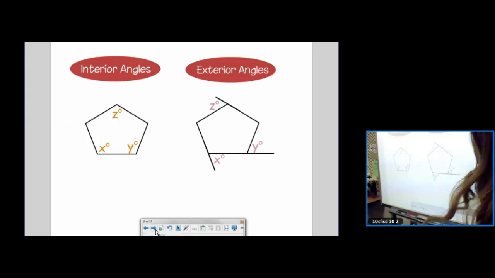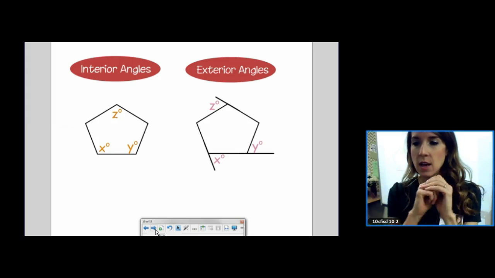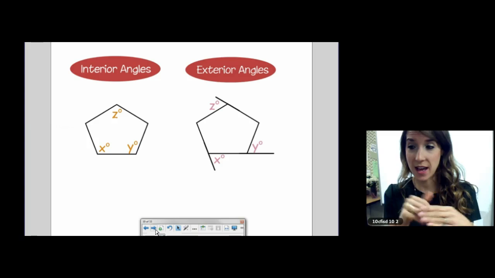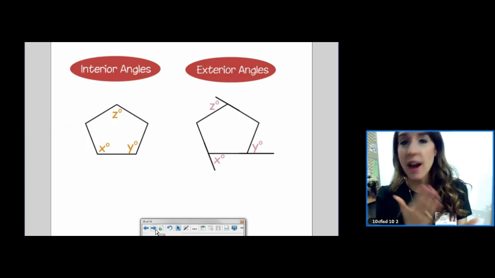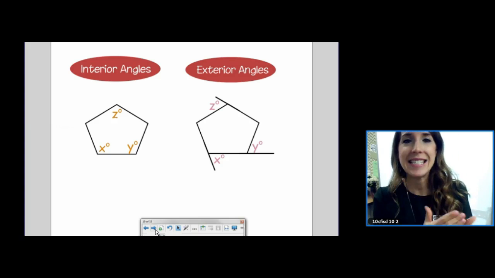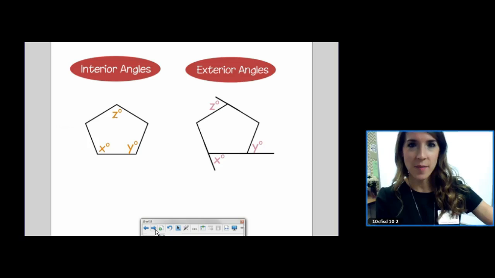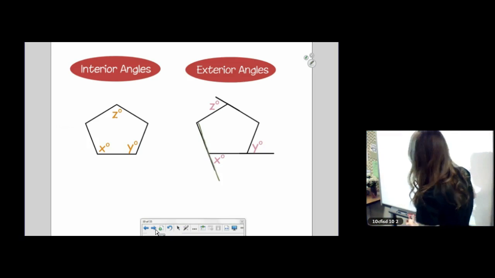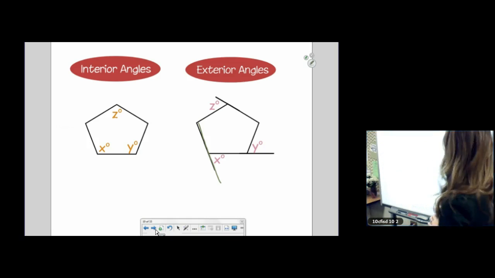Okay, now we're going to move on from the interior angles, the orange ones, XYZ, and move to exterior angles, the pink XYZs. What's really important for you to know is that an exterior angle is formed by extending a side. Kind of sounds like extend, exterior. So let me show you what an exterior angle does not look like.